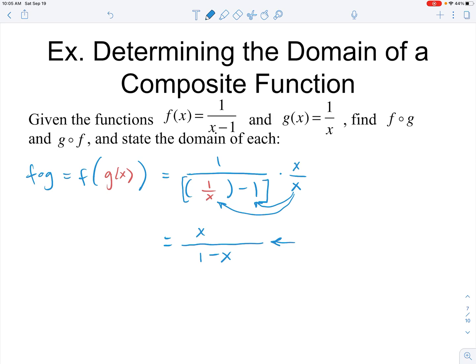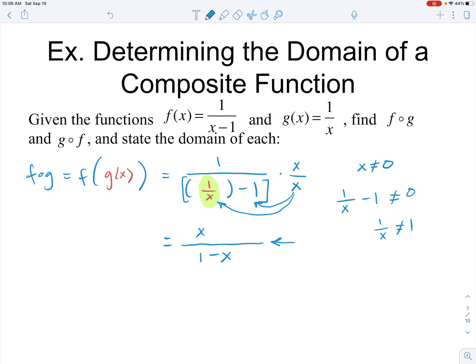However, because of this 1 over x, x cannot be equal to 0. You can't have 0 in the denominator of any fraction, including complex fractions. And then if we took 1 over x minus 1 and said, okay, well, that can't be equal to 0 either, we'd have 1 over x equals 1 when we add 1 to both sides, so it cannot be equal to 1.